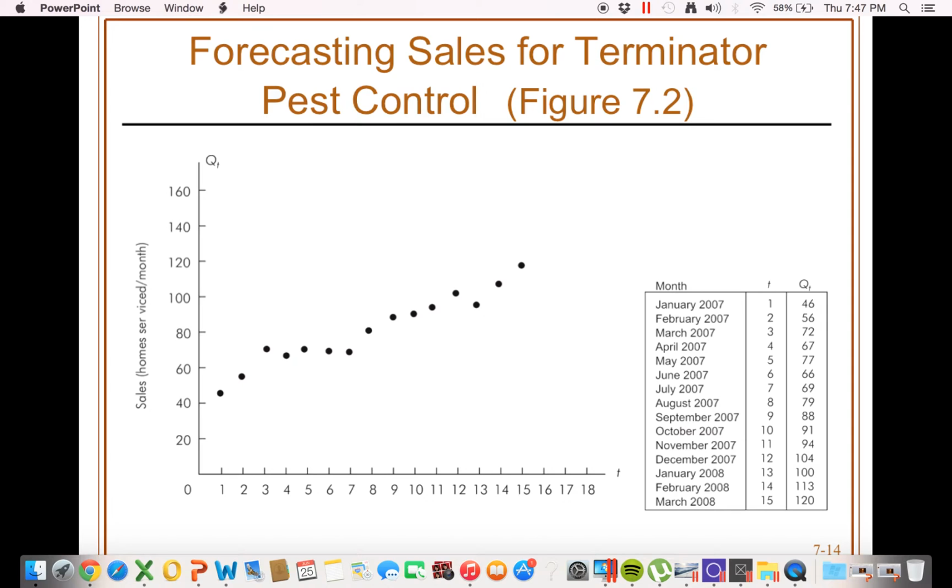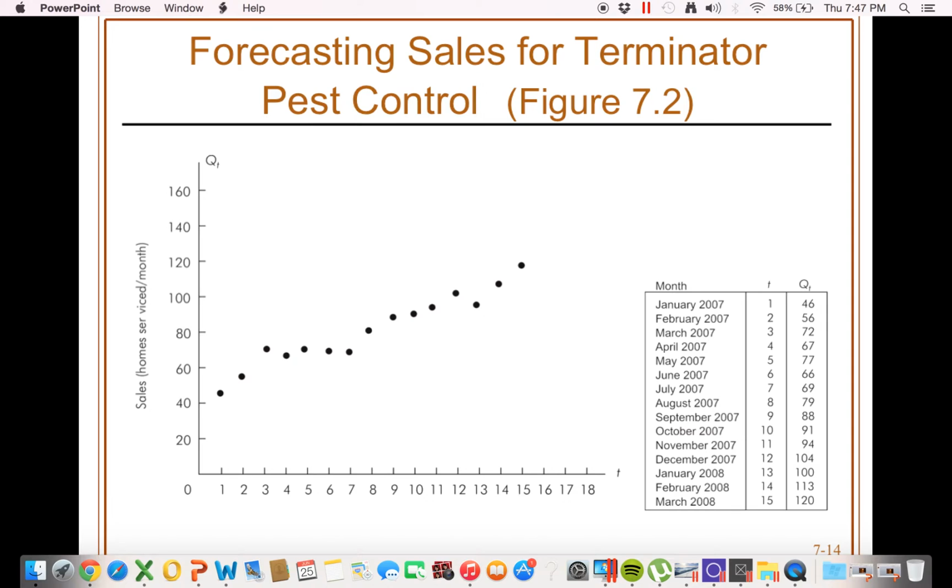Now, the interesting thing about how they do this is they have different time periods, and they value each time period as 1, 2, 3, and 4, and so on. So it's actually monthly data. January 2007 is considered time period 1. February 2007 is time period 2, and so on.